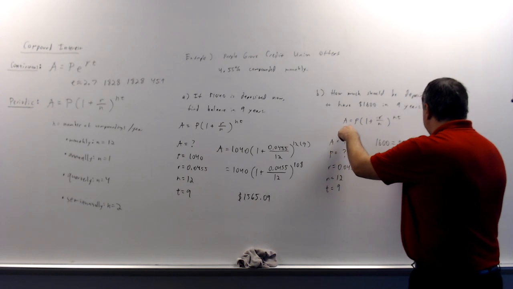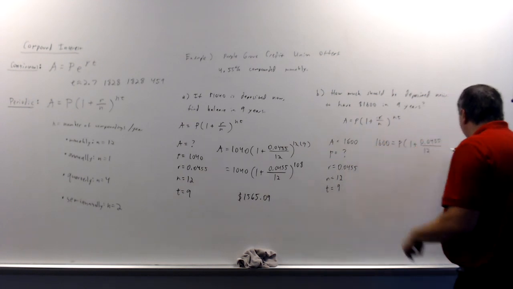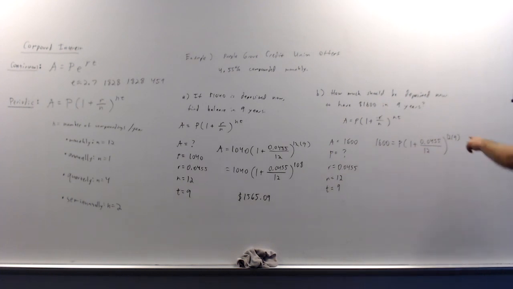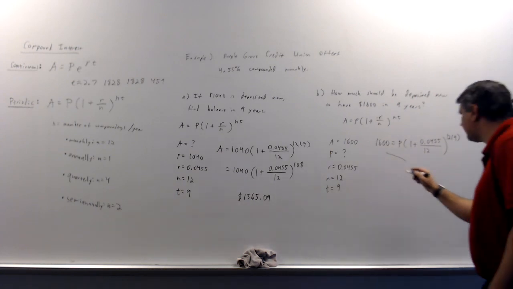Okay? So I want to know 1,600 equals P times 1 plus 0.0455 divided by 12 to the 12 times 9th power. Clean that up, and since P is my unknown, I'm going to switch the sides. Okay, and I hope everything is still visible on screen. It is, good.